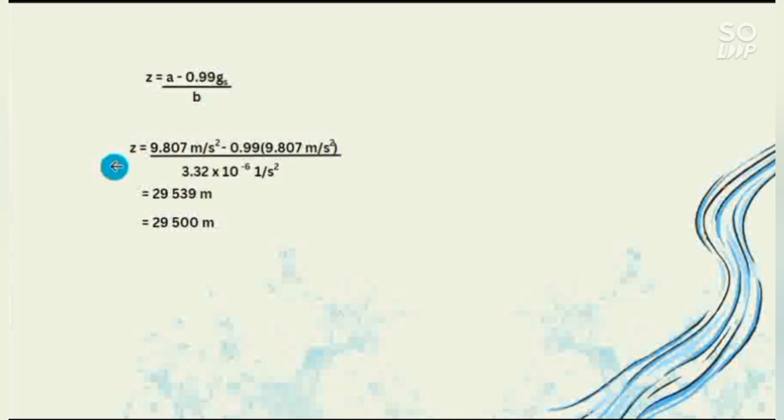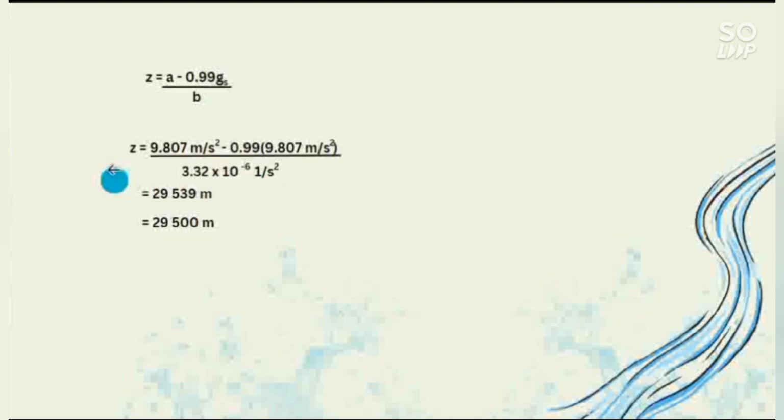So substituting all the values, we have z is equal to 9.807 meters per second squared minus 0.99 multiplied by 9.807 meters per square second, all over 3.32 times 10 raised to negative 6 per square second.